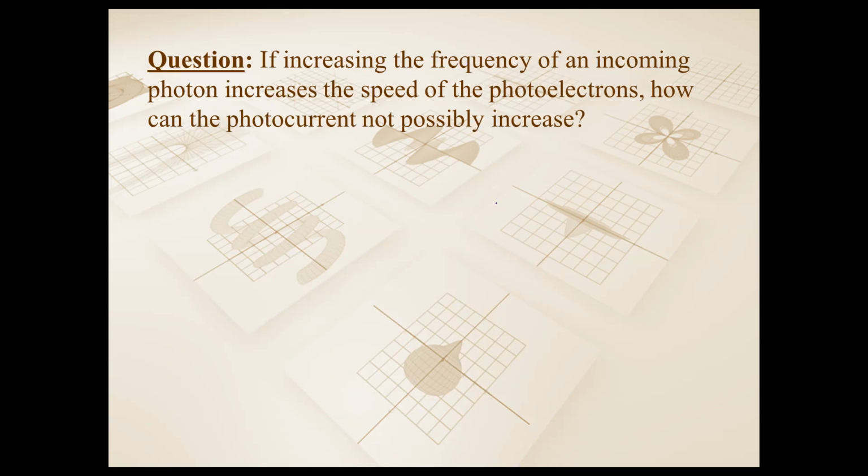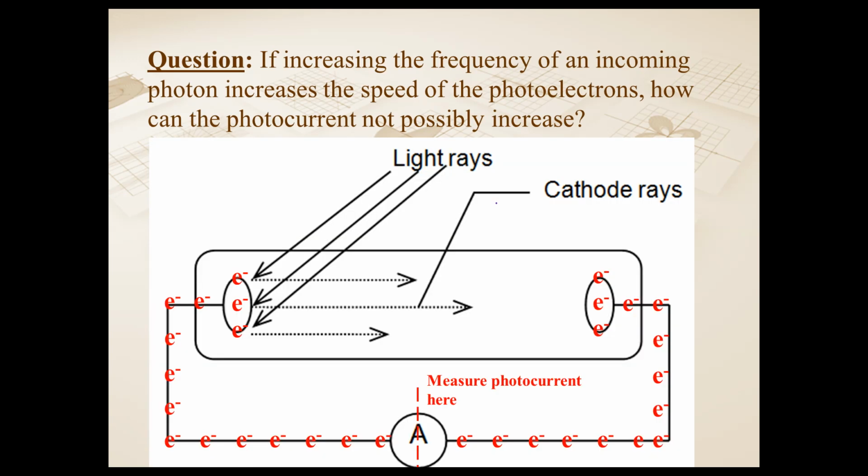Okay, now one other thing. This is like that one contradiction. If increasing the frequency of the incoming photon increases your speed, how can it possibly not increase your photocurrent? Okay, I'll use a little illustration to try to, as best as I can, explain this.